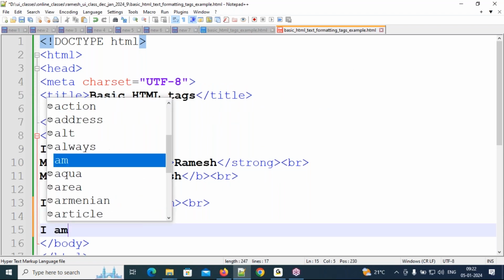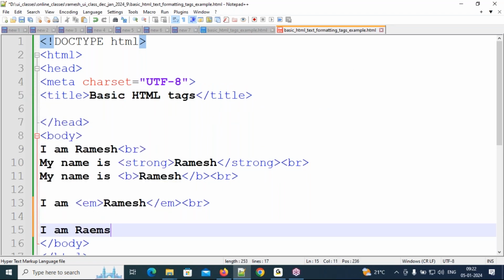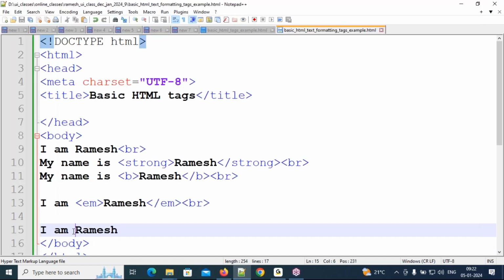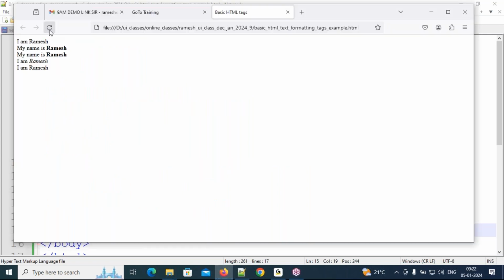Now see there. I am Ramesh. Observe this: this Ramesh is coming italic, this Ramesh is coming normal. Now I am writing here the I tag. Refresh.